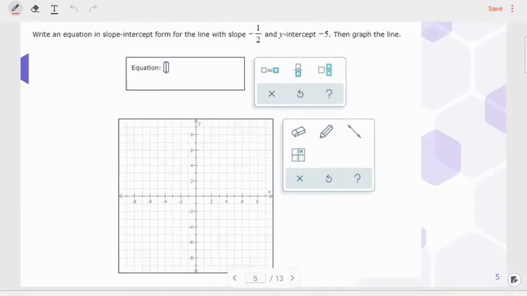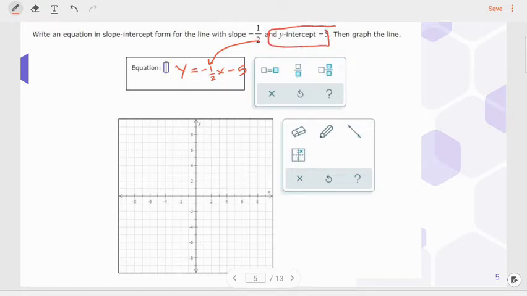The next question is going to ask me to first write the equation, then graph it. So y equals mx plus b. So there's my m. So y equals -1 over 2 x, and my y-intercept is -5. Now, in order to graph, I'm going to go ahead and first plot a starting point, which is my y-intercept.